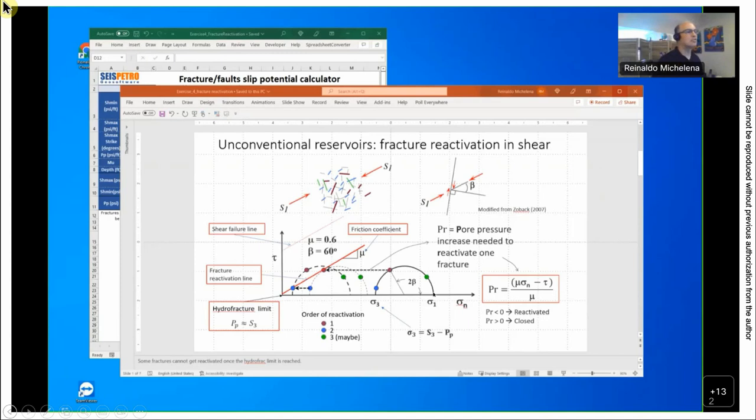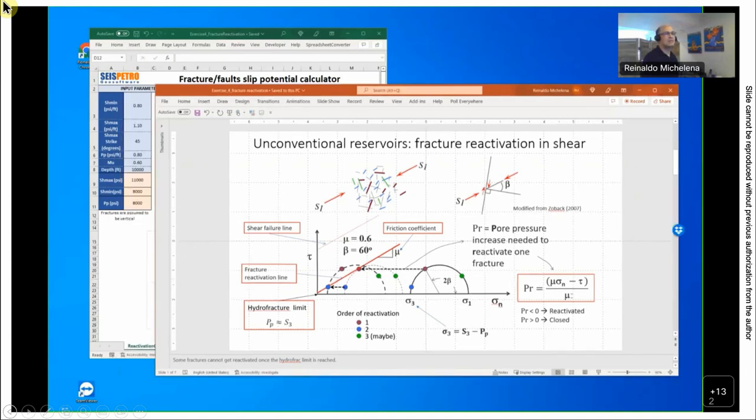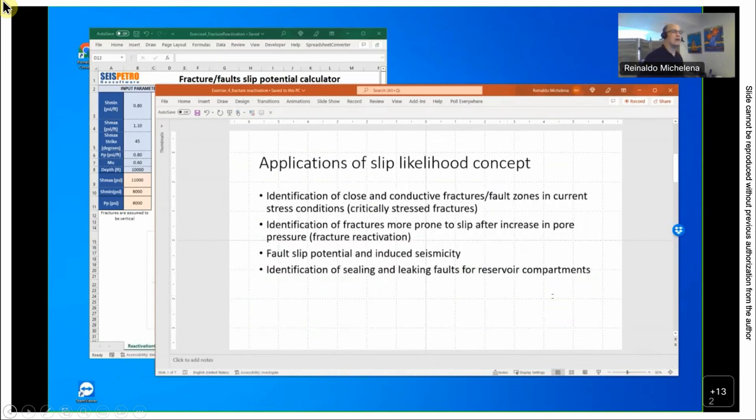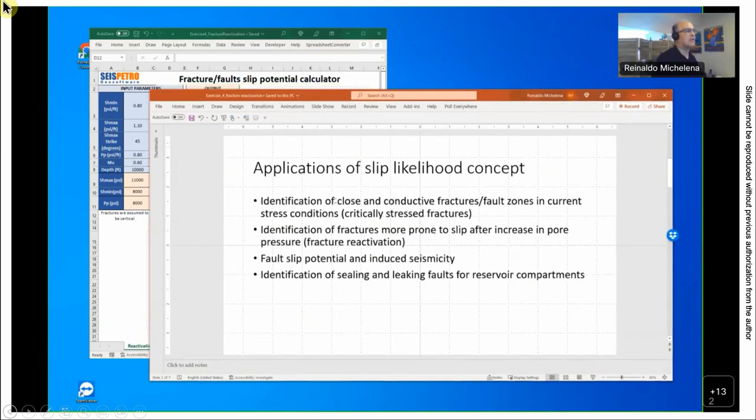Okay, so this is a very important concept because it has a lot of applications in different areas. This concept of slip likelihood. So what can we use that for? Why is this an important concept? Well, we've seen applications already of the idea of critical stress fractures.